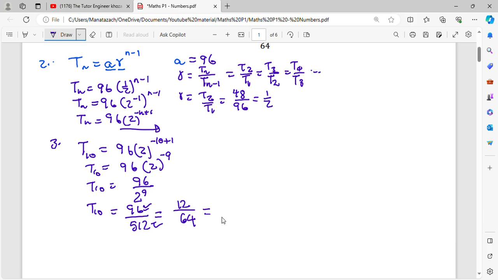So this can further be simplified by dividing by 4 still. When you divide 12 by 4, you get 3. When you divide 64 by 4, you get 16. So this should be the answer.